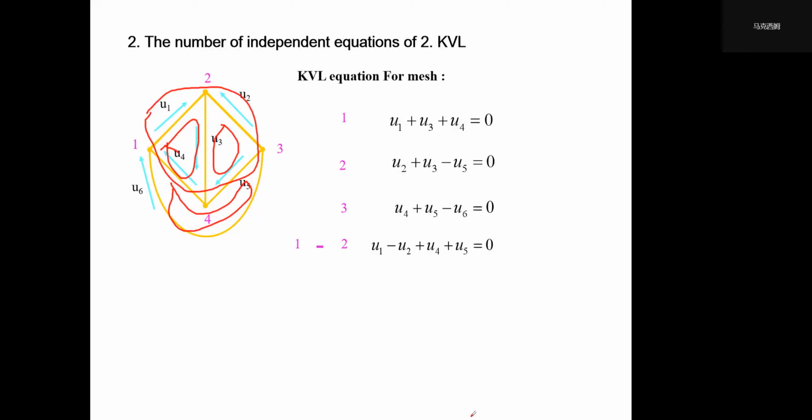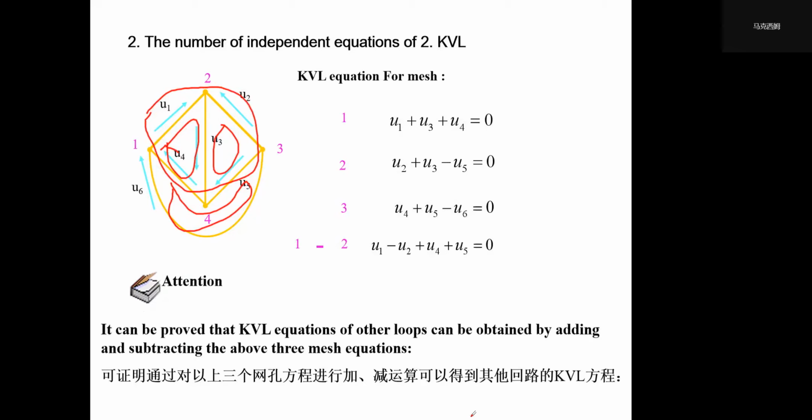So then we have this conclusion that we can achieve the KVL equation in other loops through the addition or subtraction of the 3 mesh equations.